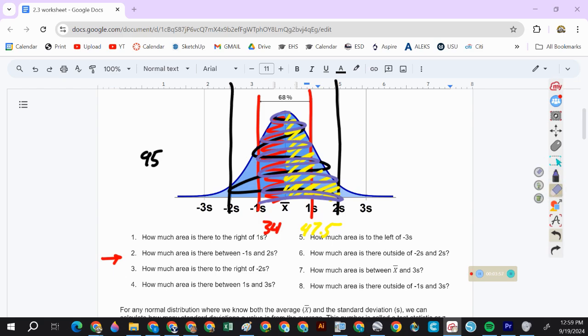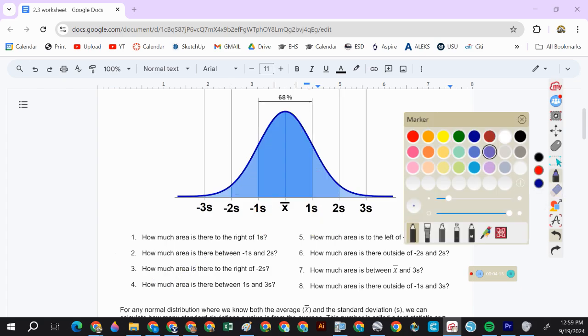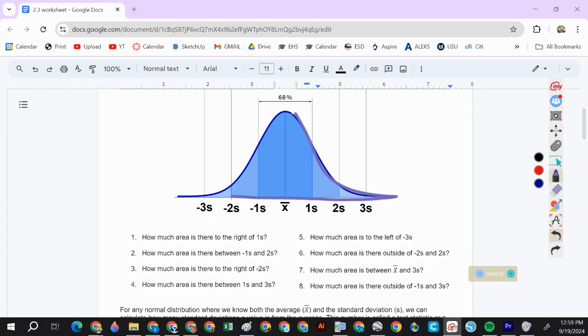Okay. So what is that? 81.5. So 81.5. What did you guys get for 3? 97.5. So this is the area we're looking for, right?